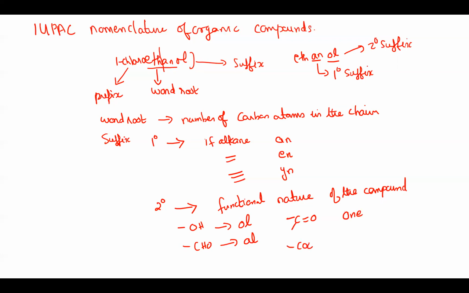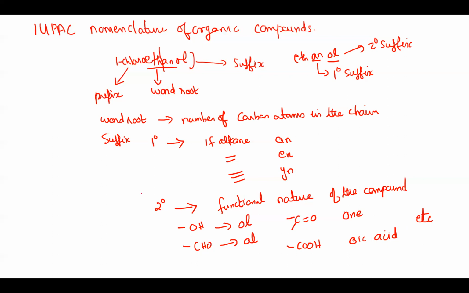If there's COOH, the name will end in oic acid, etc. This is the primary and secondary suffix. So the functional nature of the compound is given by the suffix. The nature of the chain is given by the primary suffix and the actual functional group is represented by the secondary suffix.